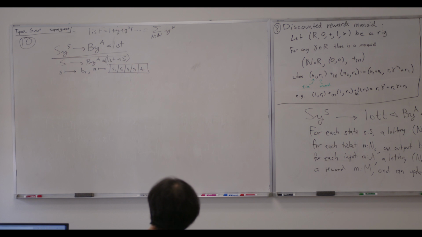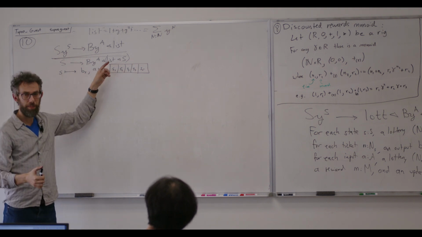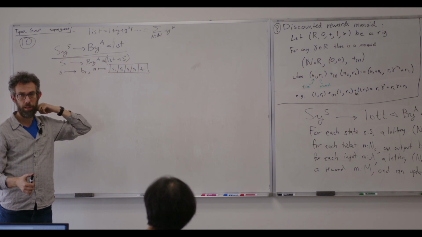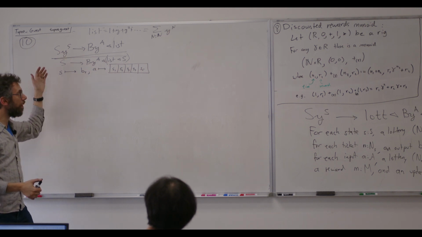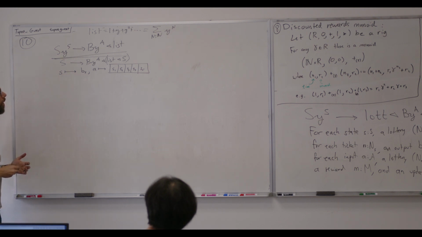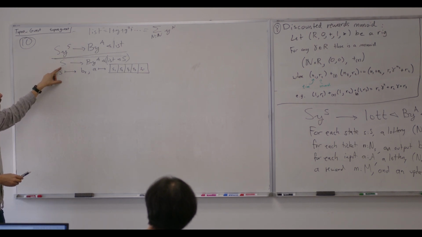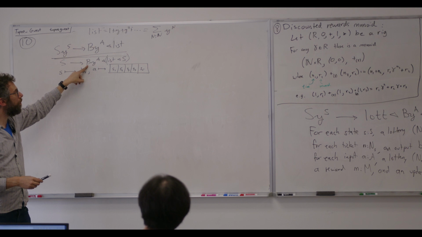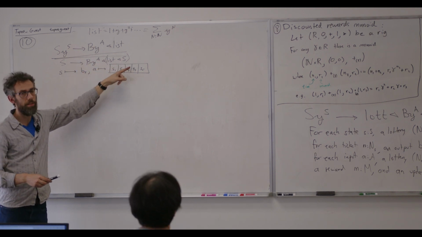I can parenthesize any way I want because the composition is associative. List of s means a list of s's. This is still a polymap; it's a set map and all set maps are polymaps. So for every state, I get an output, and for every input, I get a list of states.